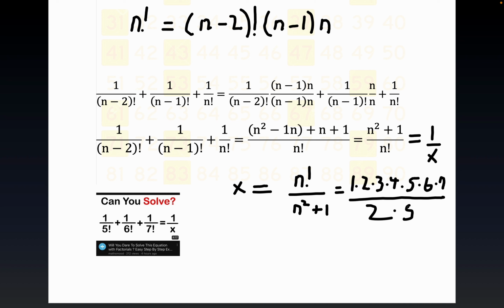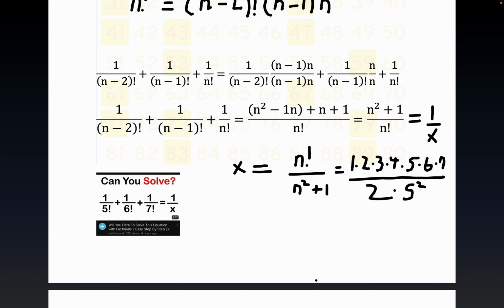Got it? A little bit of arithmetic is going to be required right here, but we can see, or 2 times 5 squared, excuse me. So from here we'll see that x is equal to, what do we have?